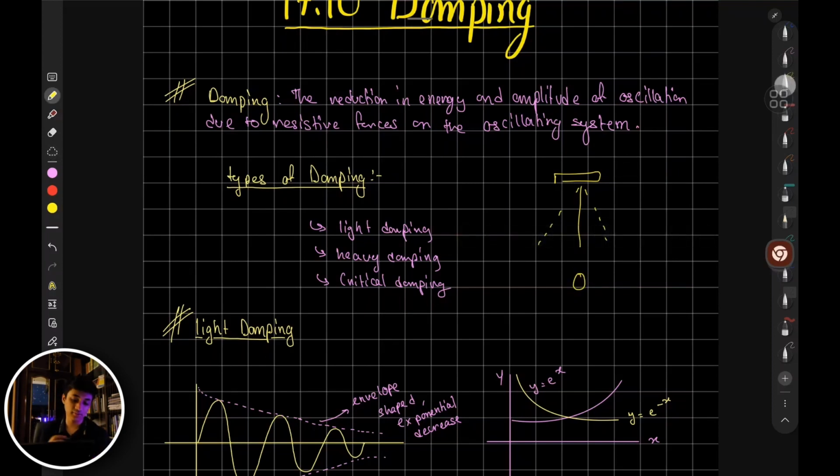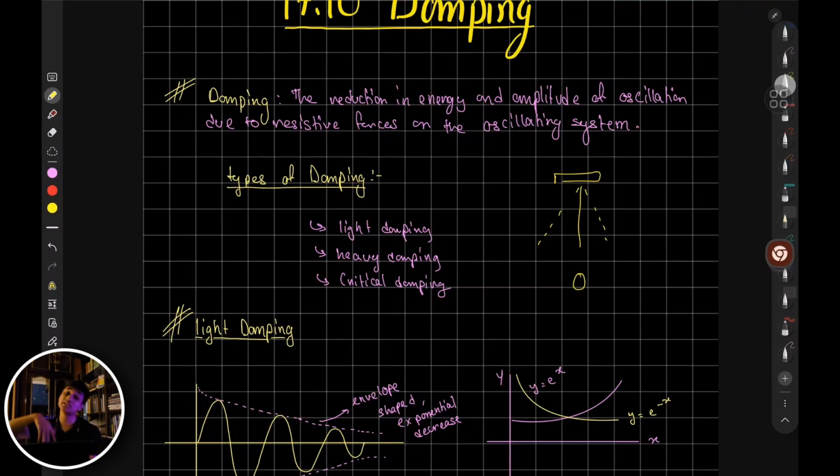Right. So basically, we understand that as the object eventually faces resistive forces, it's going to decrease its displacement and its net energy starts decreasing because its velocity is also going to decrease.